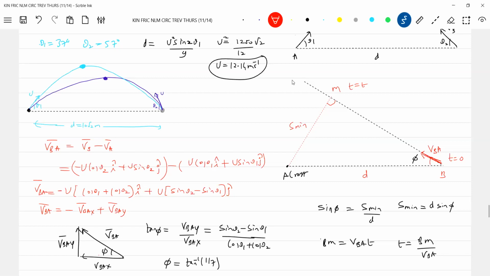Just for our convenience, it may not be exact. So this will be ascending, this will be moving, and here the separation will become minimum. This is what we are finding out by this method.